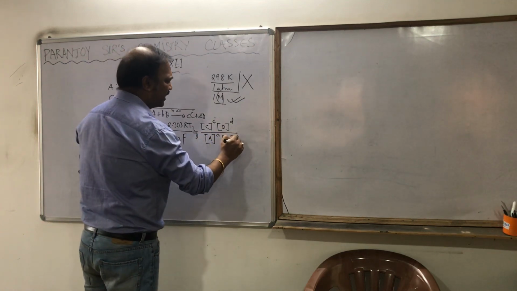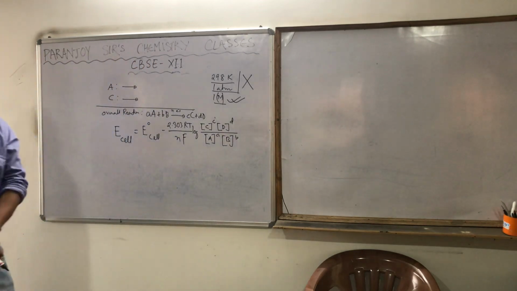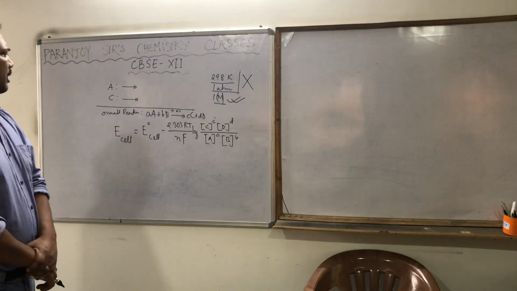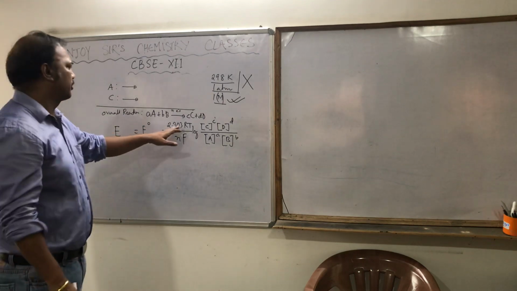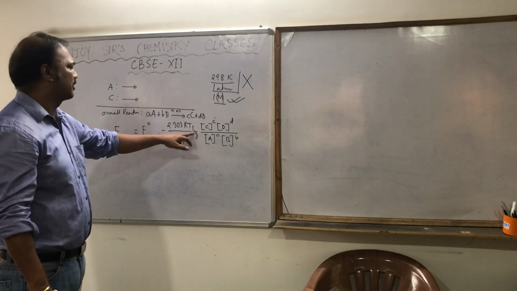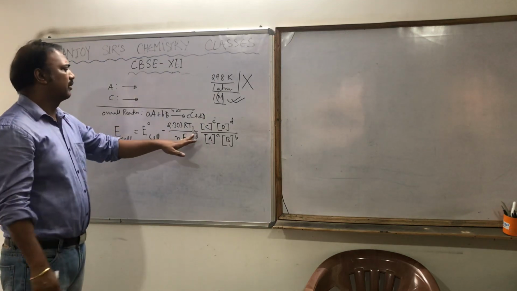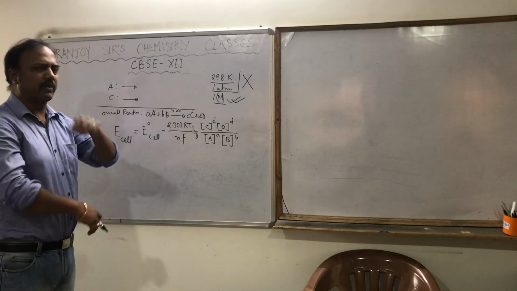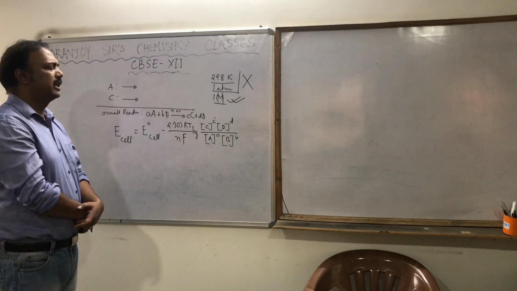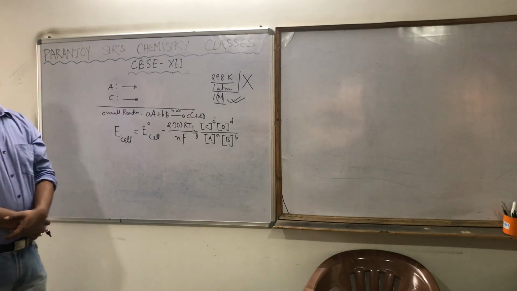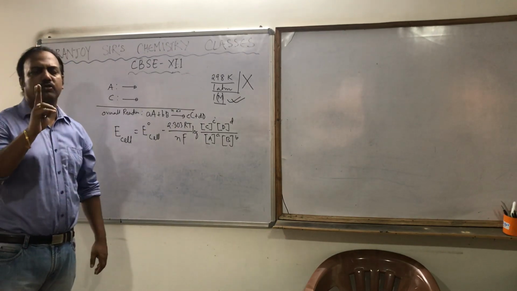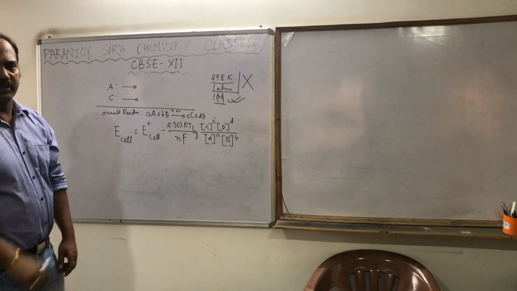Once again I am saying this is an experimentally determined equation. The 2.303 RT came because it was originally the ln, so it is 2.303 RT by nF log of concentration of C to the power c into concentration of D to the power d, over concentration of A to the power a into concentration of B to the power b. Two points to be noticed over here.